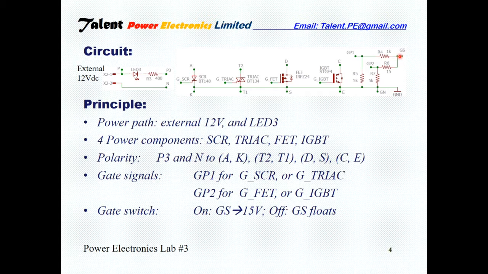To turn on the gate, connect GS to 15 volts, which is the output of the linear power supply in Lab 2. To turn off the gate, disconnect GS from 15 volts. The switching state of the power component will be indicated by the light of LED 3 found on your common power path.